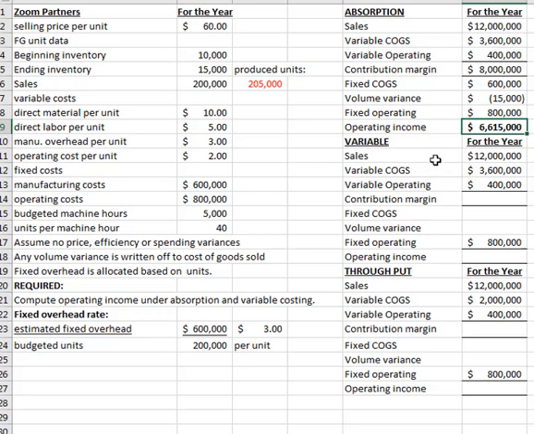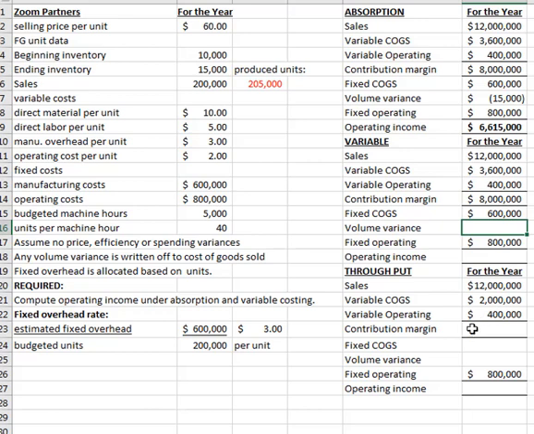Now let's go down here and finish the variable income statement. Variable method income statement. So the contribution margin is the same computation, but now what goes into fixed cost of goods sold? What goes into fixed cost of goods sold is the whole thing, regardless of how many units you made. You're not applying it to the units.